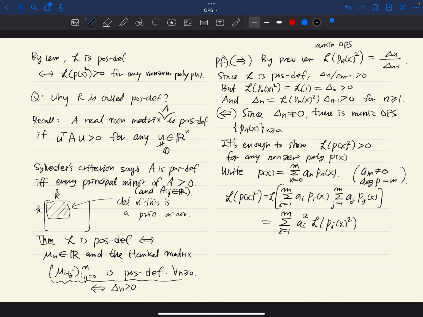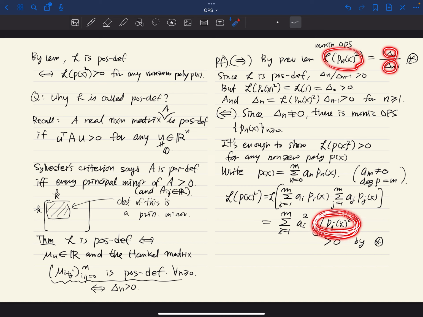Let's see. Yeah, this is positive by star above. These are positive, so this is positive. So these are all positive.